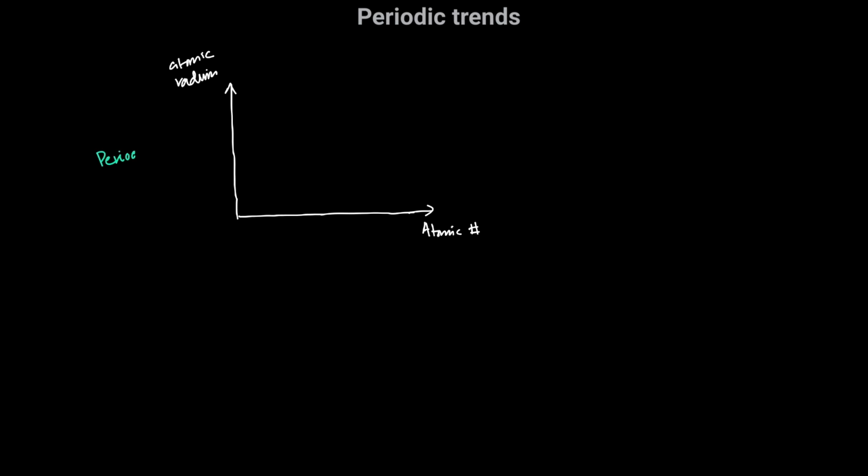That is sodium, magnesium, aluminum, silicon, phosphorus, which is 15, sulfur, which is 16, and then chlorine, which is 17, right? If you look at the trend in atomic radius, this is what the trend would look like. It's just a generally decreasing trend. So you can just draw a decreasing line like this. It's not exactly a straight line. There is variation, but if you're asked to sketch it, you can just draw a straight line.